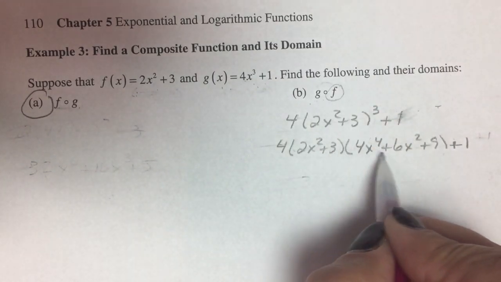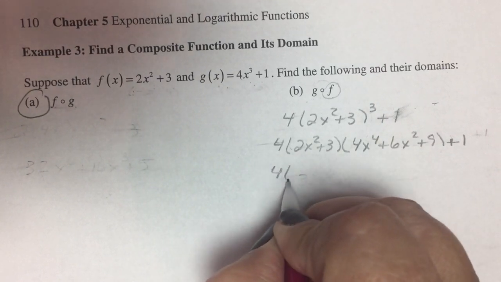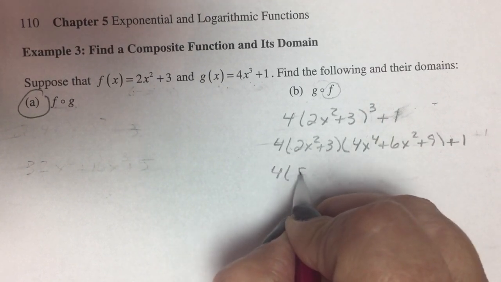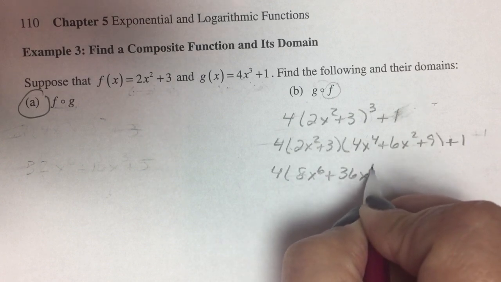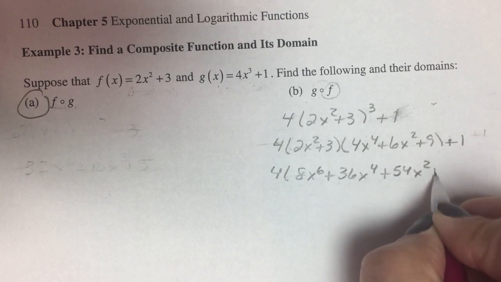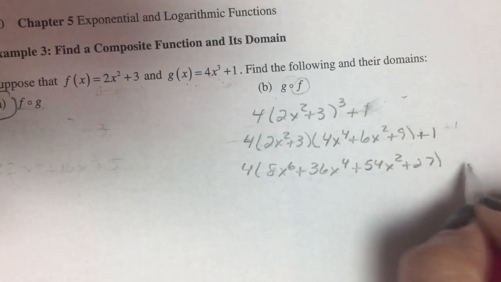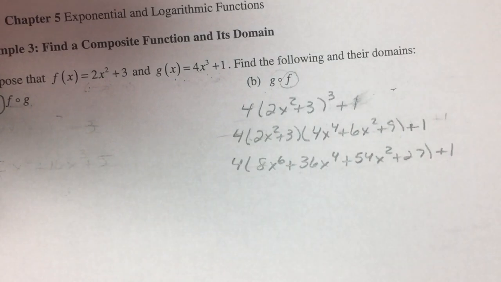Now I'd have to double distribute this. So I'm going to go ahead and do that. I would get 8x to the 6th plus 36x to the 4th plus 54x squared plus 27. I'm not going to show you all the work for that double distributing. You should be able to do that.